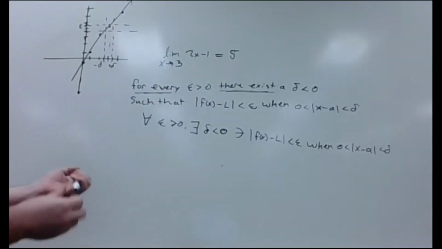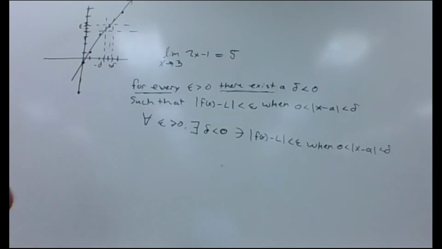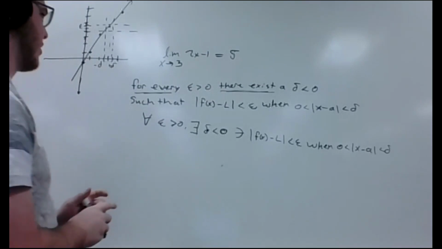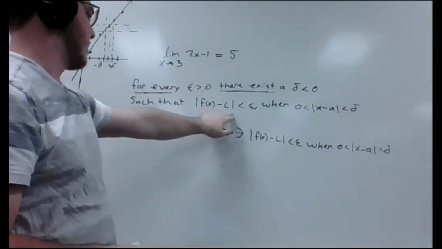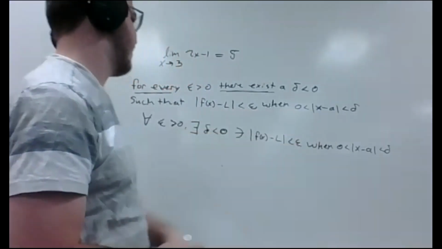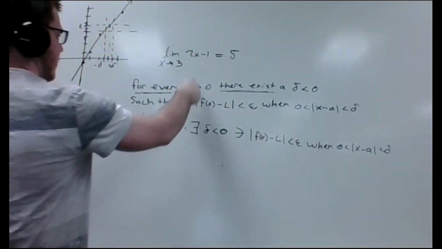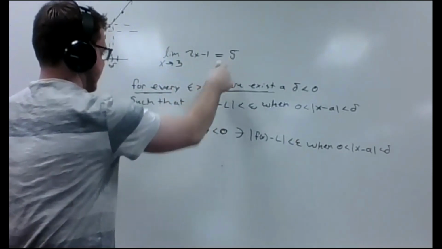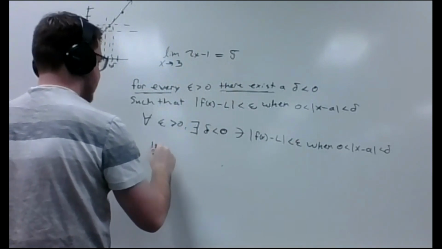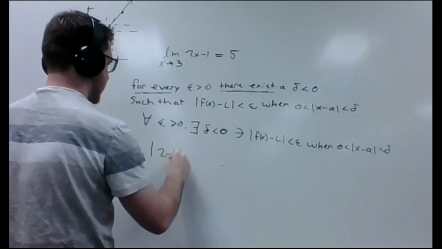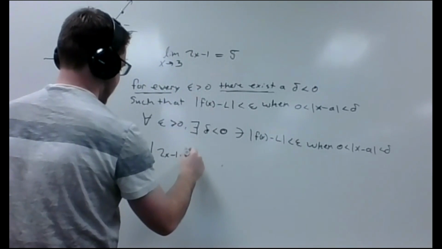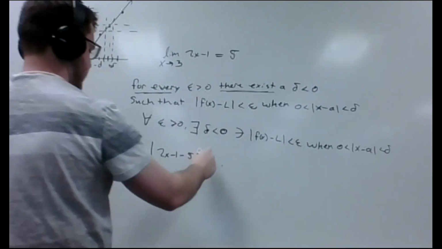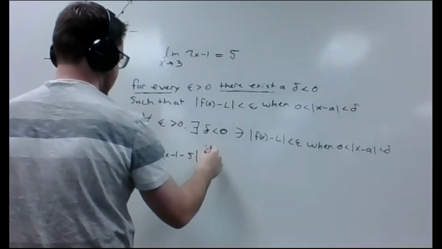Essentially now we're going to go through our algebra steps that show that this happens. We're going to take our two parts: our function, which is 2x minus 1, minus our limit, which is 5. So we have 2x minus 1 minus 5, and that's less than epsilon.